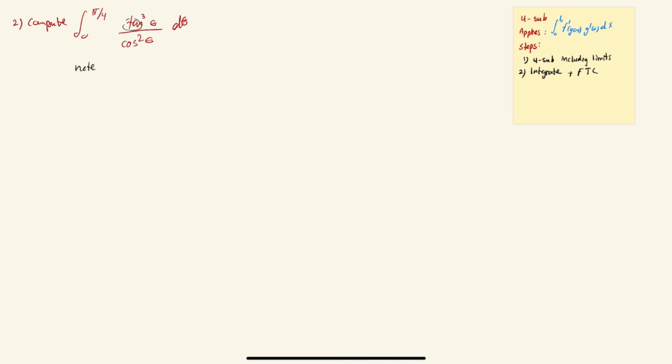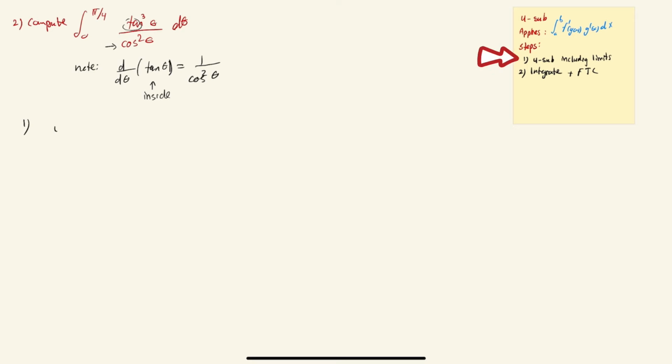Notice in here, when I take the derivative of tan of theta, it is going to be equal to 1 over cosine squared of theta. And 1 over cosine squared of theta also exists in the same function. Therefore, U substitution applies in here, and the inside function is going to be tan of theta.